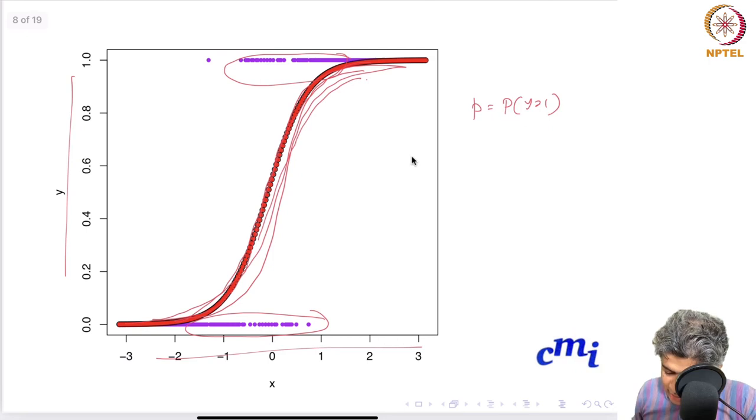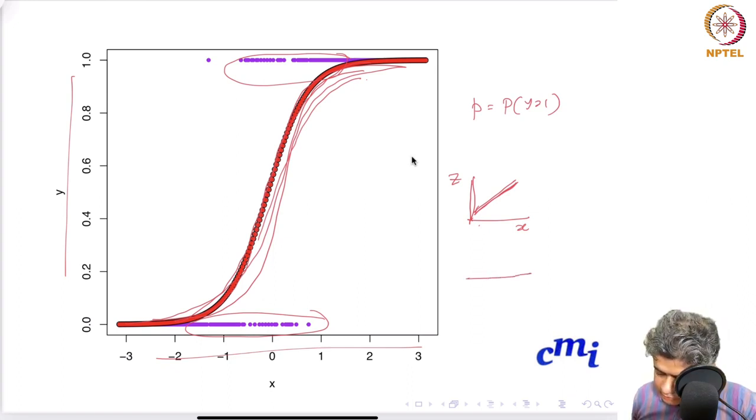What is the relationship between X and Z? We are considering a straight line. And what is the relationship between Z and P? Z and P has an elongated S, and that is what we are seeing in X and P.